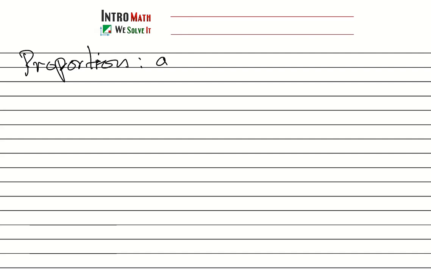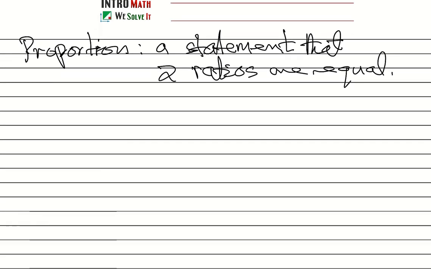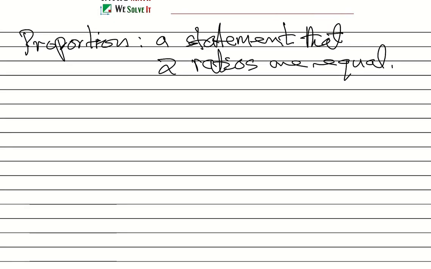A statement that two ratios are equal. That's what is called proportion. Usually proportion is very, very important. If you understand proportion, you can solve a lot of practical problems in real life, right? You'll see in a minute.